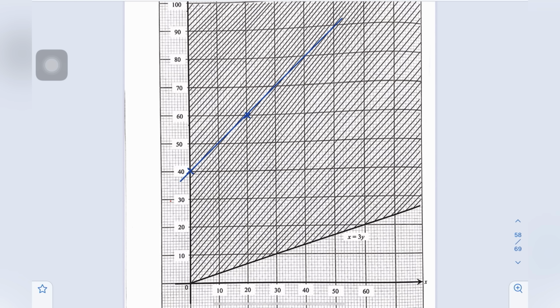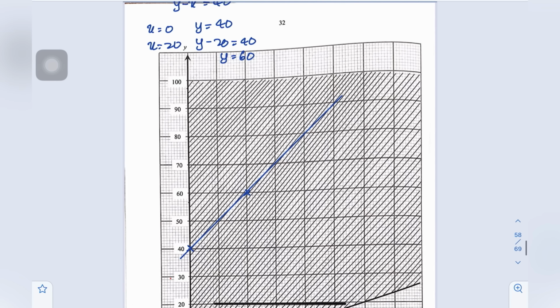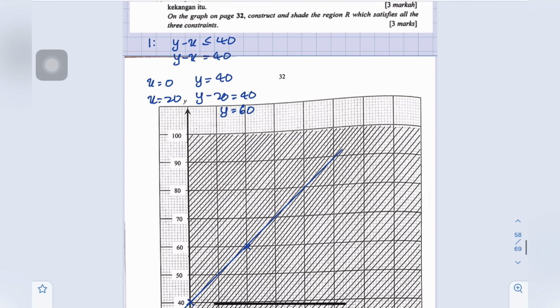Okay. So then for the second inequality, we have 2x plus y less than or equal to 100. So the straight line 2x plus y equals 100. Let's say x equals 0, y equals 100, and when y equals 0, x equals 50.